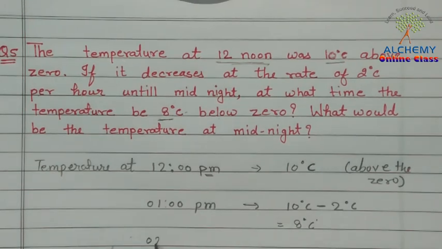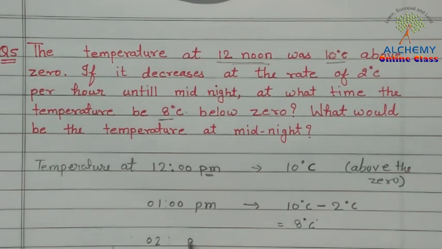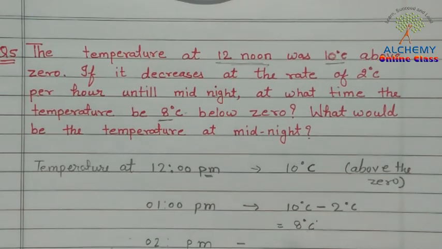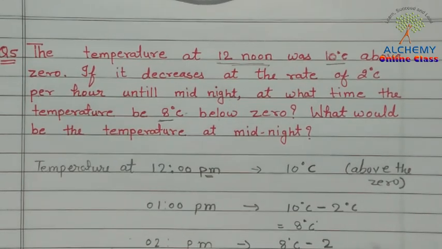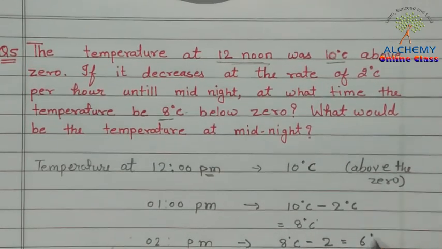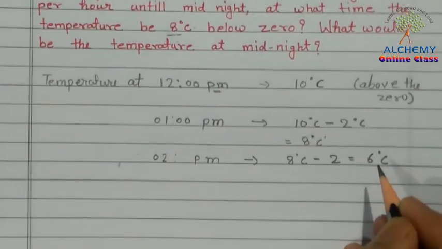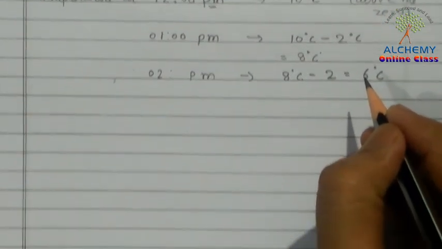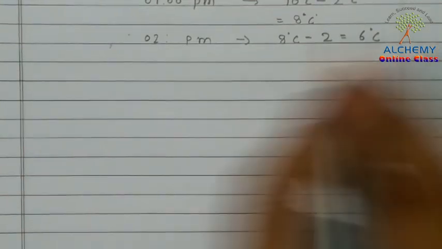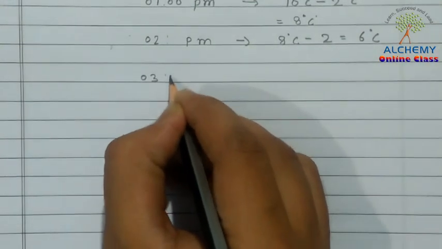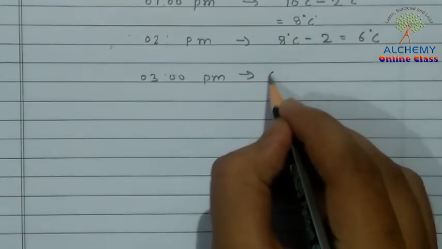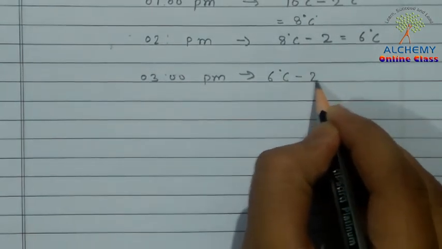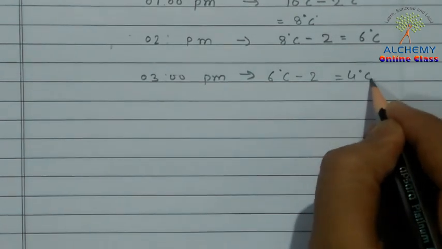What will be the temperature at 2 p.m.? The temperature will be 8 degrees Celsius minus 2. So we get here 6 degrees Celsius. At 3 p.m. the temperature will be 6 degrees Celsius minus 2 degrees Celsius is equal to 4 degrees Celsius.